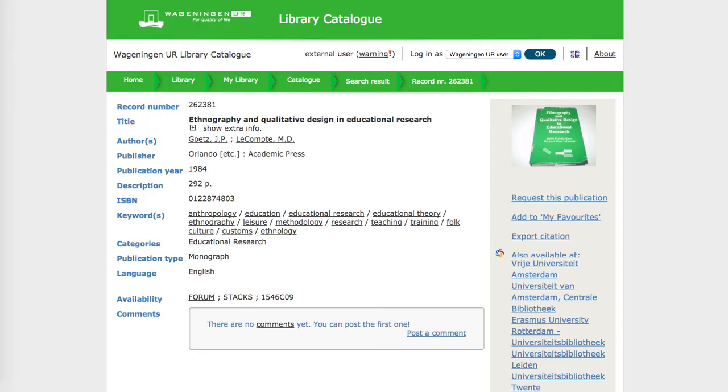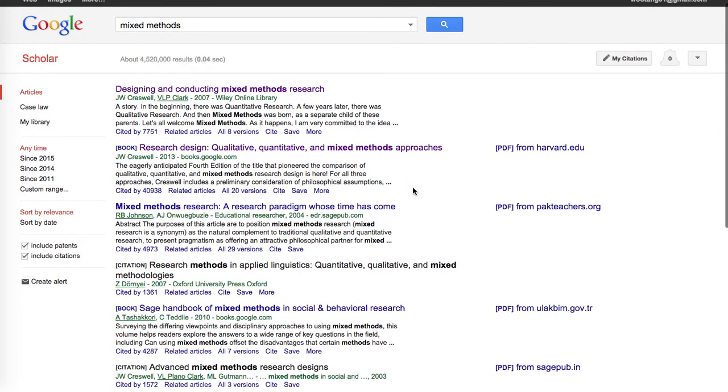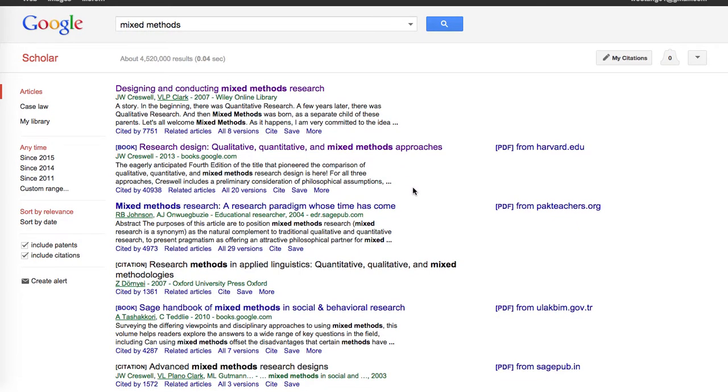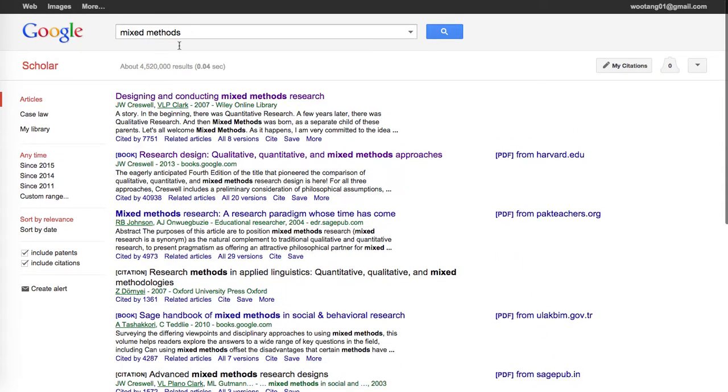No, that's not it. Let's go back to this book. So you can find a lot of resources explaining mixed methods research through Google Scholar. Again, you can check how popular they are and also when they were created. Let's find mixed methods research in educational technology.